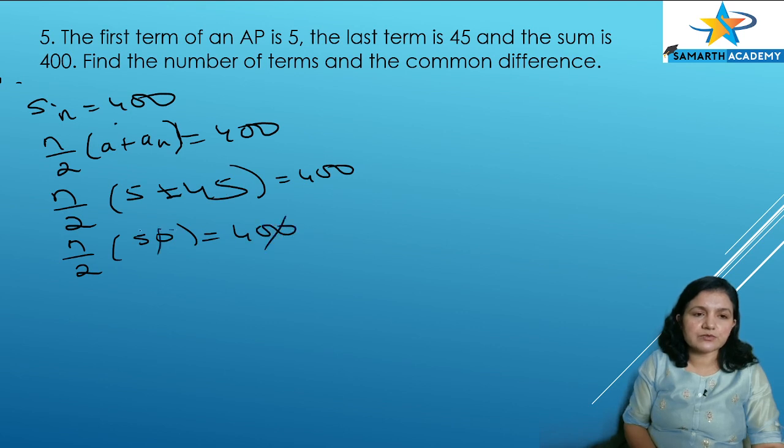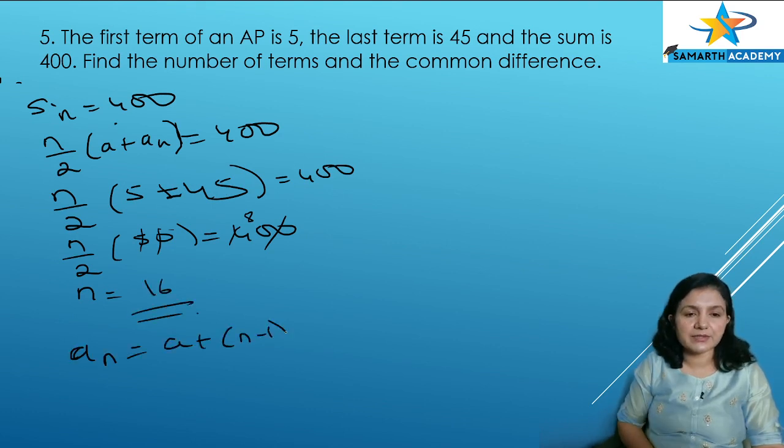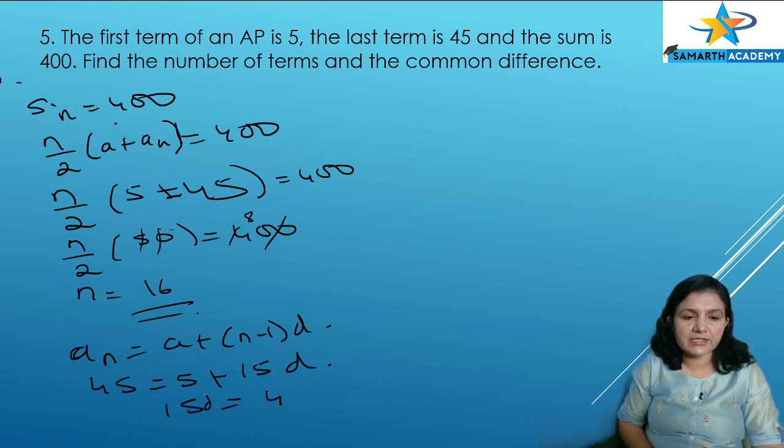So n equal to 8 into 2, that is 16. Now use a plus n minus 1 into d, that is 45 equal to a, given as 5, plus n we got 16, so 15d. So 15d is equal to 45 minus 5, that is 40. So d equal to 40 by 15, which is 8 by 3.